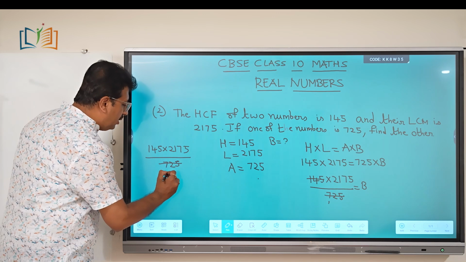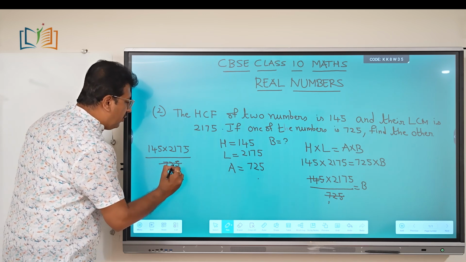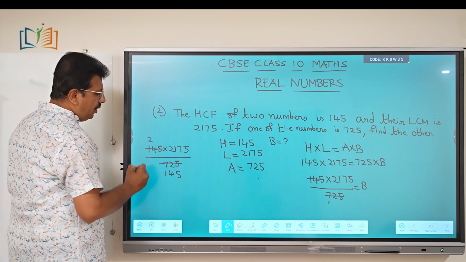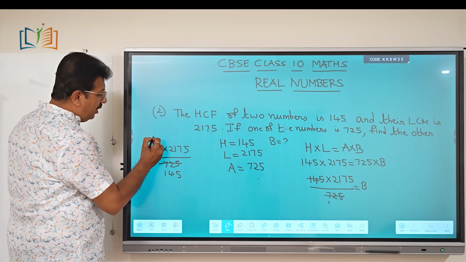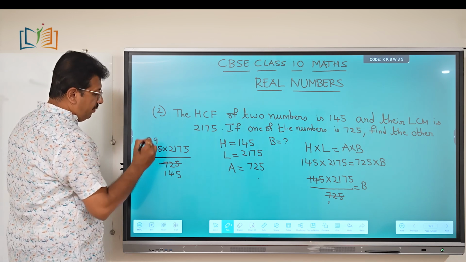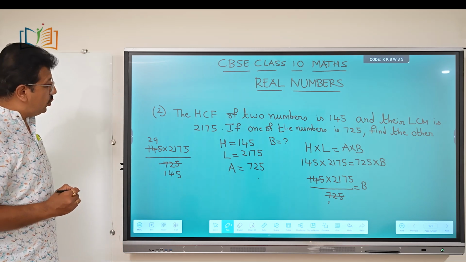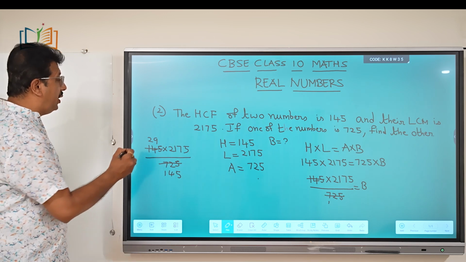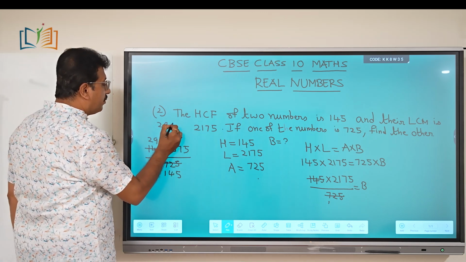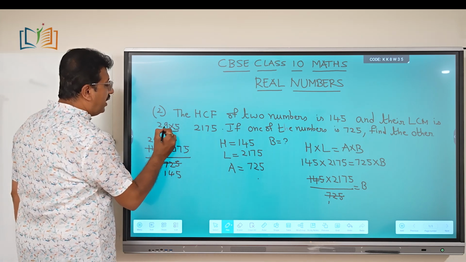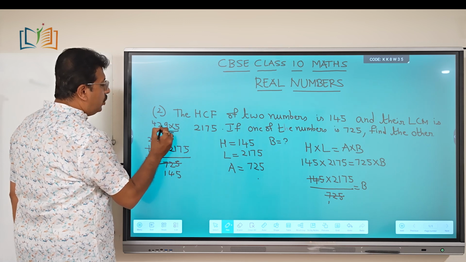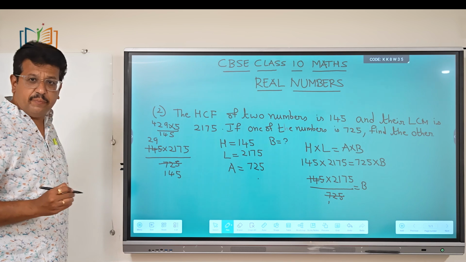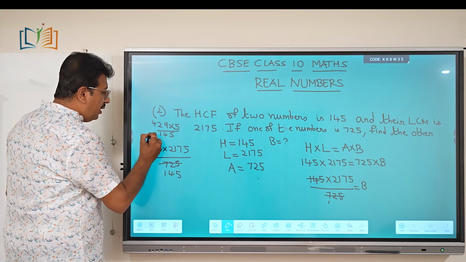5 fours are 20, 5 fives are 25. Again we can take the 5 table here also. 5 twos are 10 and 4 carry, 5 nines are 45, that is 29. So 29 and 145, which table can it go? 29 fives are 145. I hope you can understand.